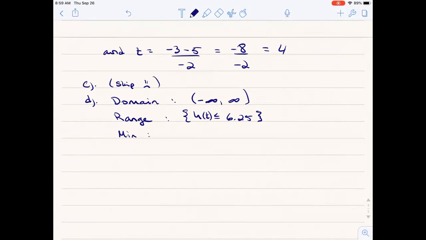Minimum, there is none, right? Because it keeps going and going and going. But there is a maximum. Maximum is at the point 1.5, 6.25 from Desmos.